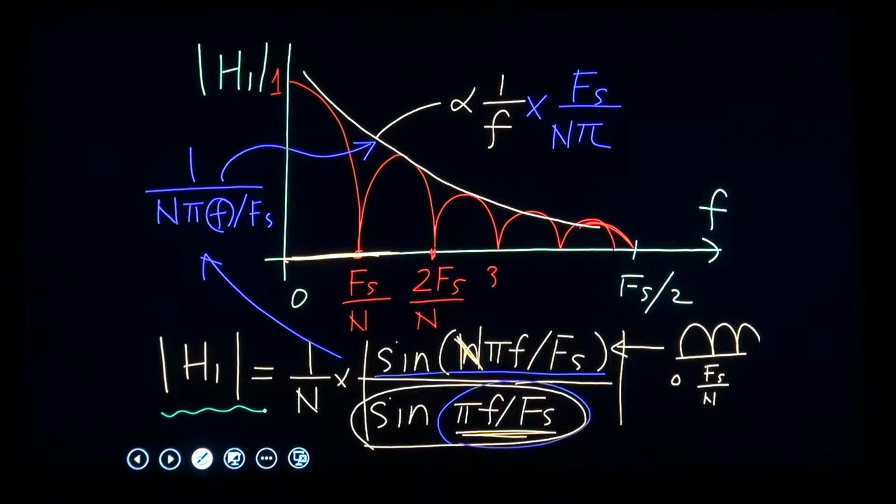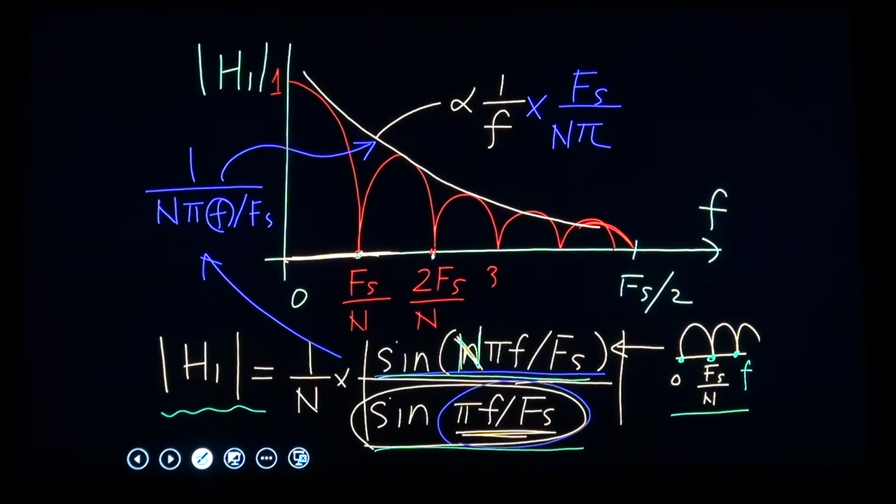Okay. Then let's just see. For the very low frequency, this magnitude is, this one changes very frequently. This is from the comb filter, right? It changes like that. See, it's 0 at f equals 0, and then it's 0 again at fs over n, 0 again at 2 fs over n, something like that, okay?